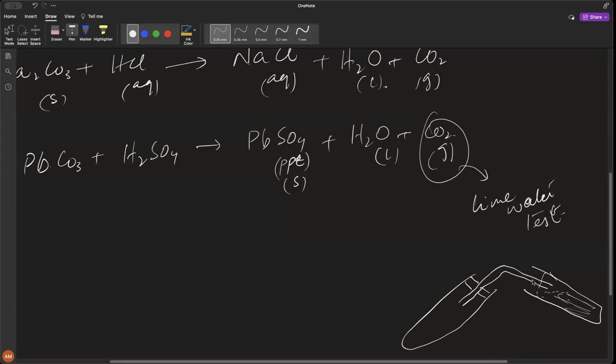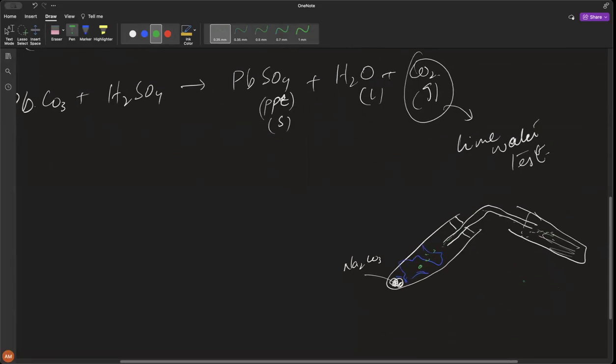This is the delivery tube, and we have sodium carbonate over here and acid. The gas that is going to be produced in this reaction is going to go there, into the lime water test.